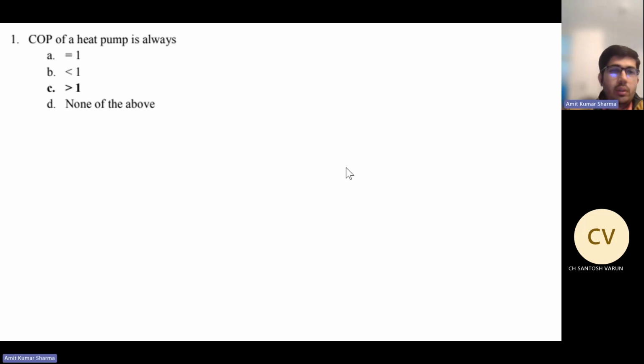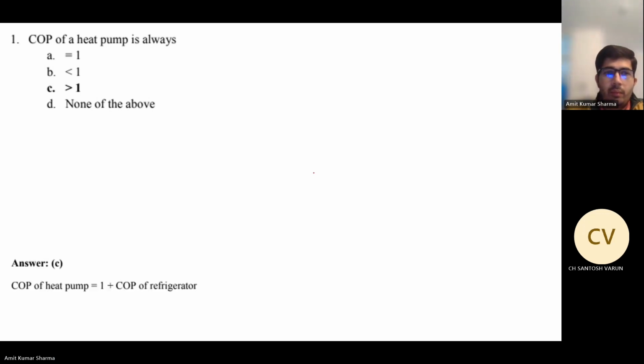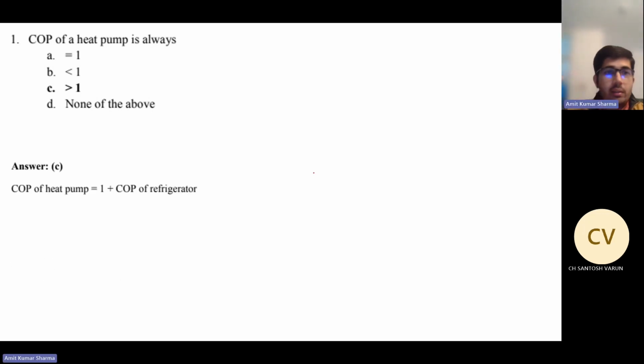Okay, so the answer is C. COP of heat pump is greater than 1, and there is a very important relation: COP of heat pump is always greater than 1, and it is 1 plus COP of refrigerator. It is a very important relation.